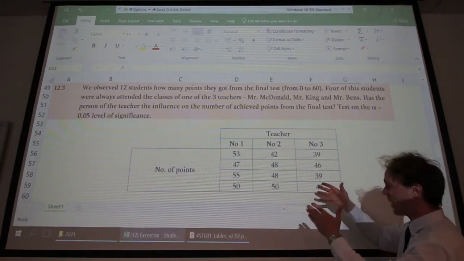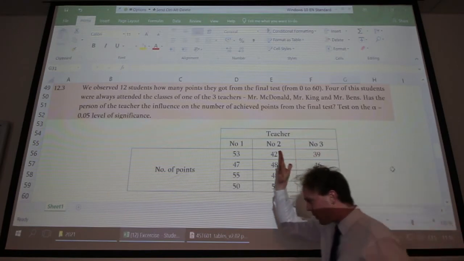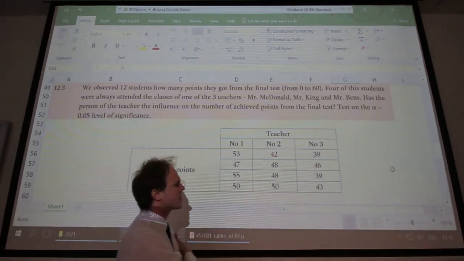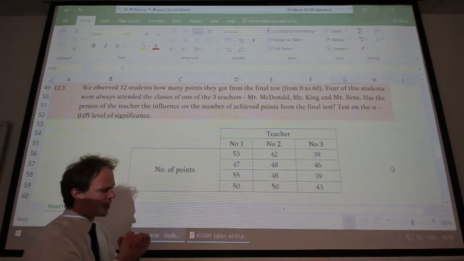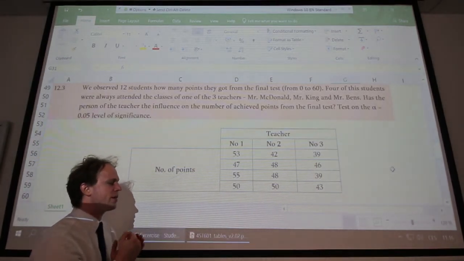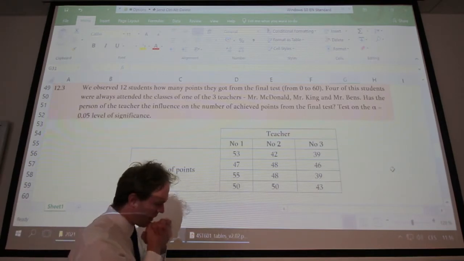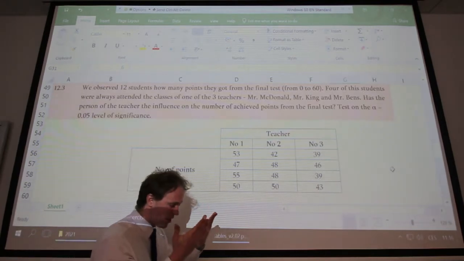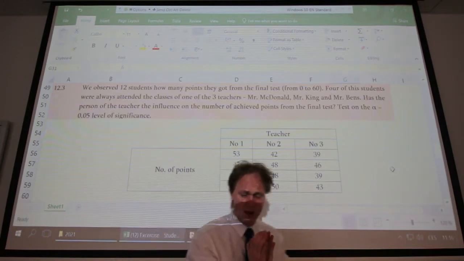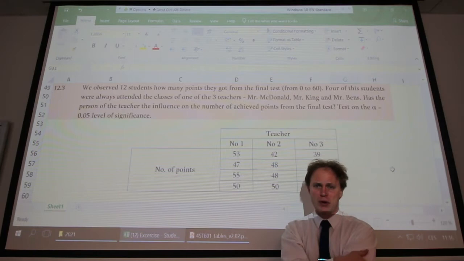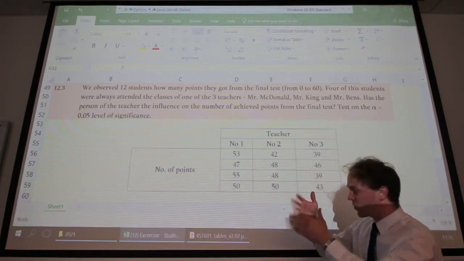from the final test? We already calculated effect size, yes? Effect size on the basis of calculated sum of squares, yes? And this effect size, the strength of the dependence of the teacher on the number of achieved points, was calculated.